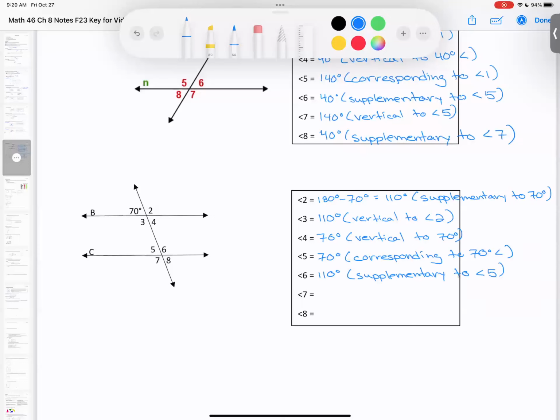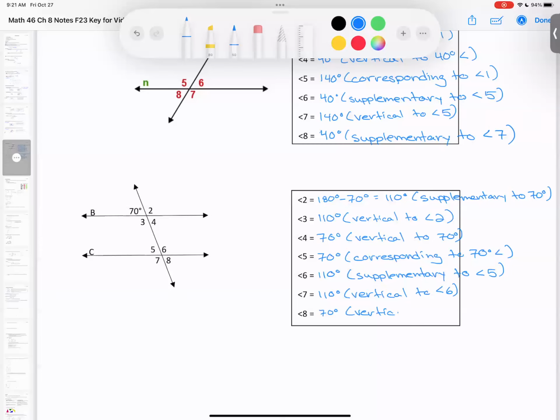Angle 7 is vertical to angle 6, so it must be the same, which means it's 110 degrees, vertical to angle 6. Okay, and last one, angle 8. Angle 8 is vertical to angle 5, which means it is 70 degrees.